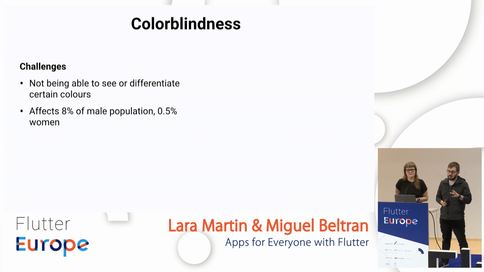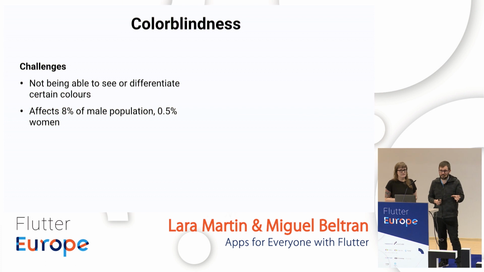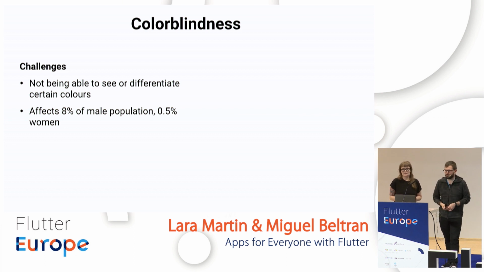Colorblindness is also a type of vision disability where there's a decrease in the ability to see color or differentiate between colors. It affects 8% of the male population and 0.5% of women. It doesn't mean that you are only able to see in black and white, but it means that you may not be able to differentiate between two different colors.